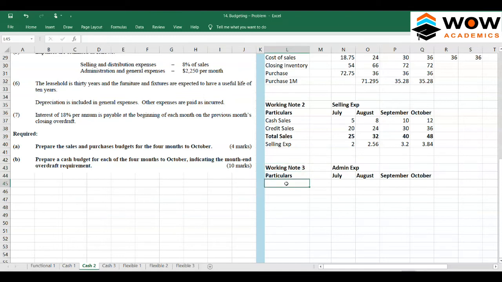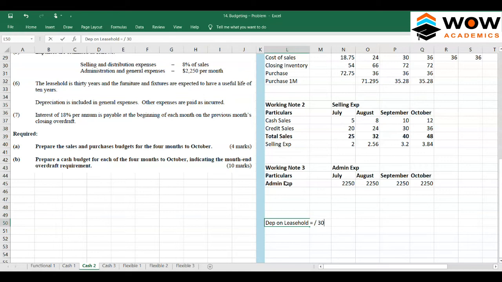Okay, so first we will put the expenses. So the amount is 2250. Then we'll calculate the depreciation on leasehold. That will have a life of 30 years.